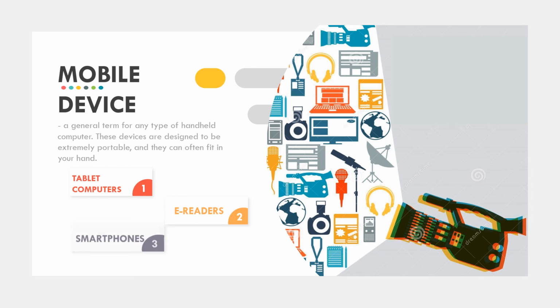The third and the most common of the mobile device types are smartphones. A smartphone is a more powerful version of a traditional cell phone. In addition to the same basic features like phone calls, voicemail, and text messaging, smartphones can connect to the internet over Wi-Fi or cellular data.